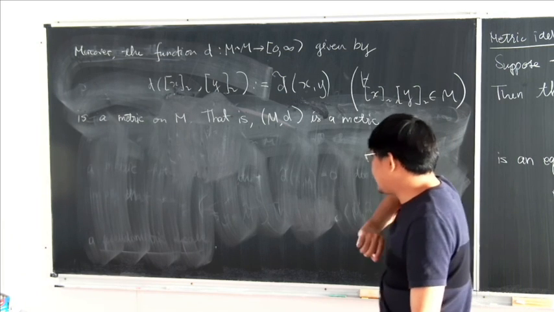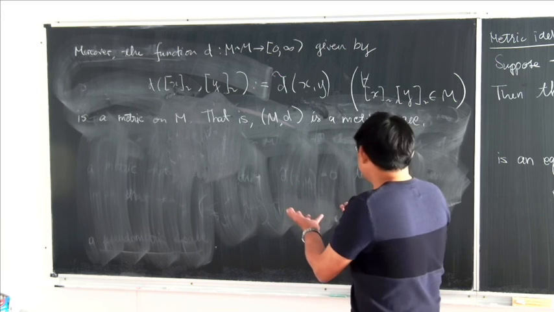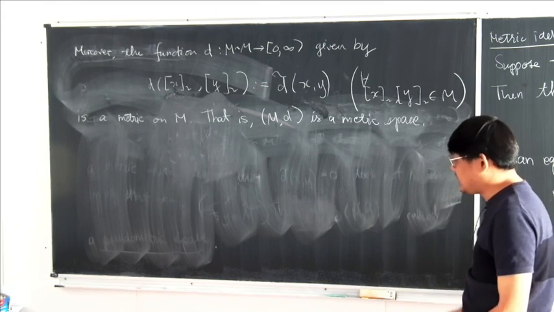So you can see that we can create a metric space out of a pseudometric space quite naturally, in fact.